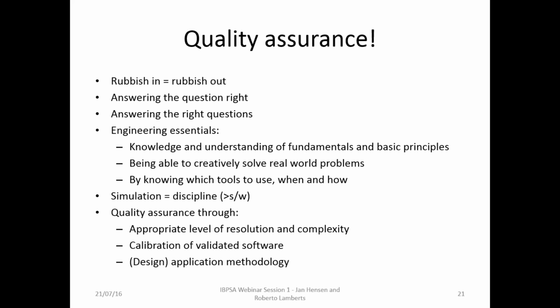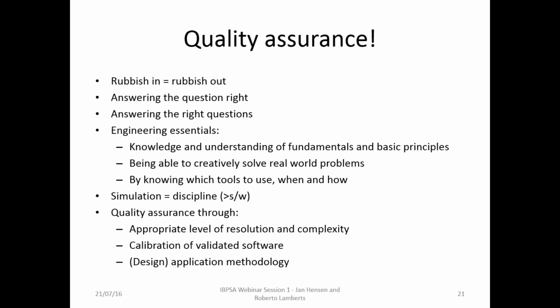In my view, there are a few essential engineering qualities you need for modeling and simulation. First of all, you need to have knowledge and understanding of fundamentals and basic principles. For example, further on in the book there are chapters about lighting simulation, acoustic simulation, and these chapters will not tell you the fundamentals of lighting or acoustics or something like this. You have to have that from somewhere else.